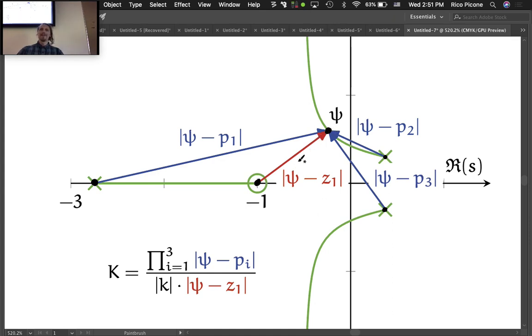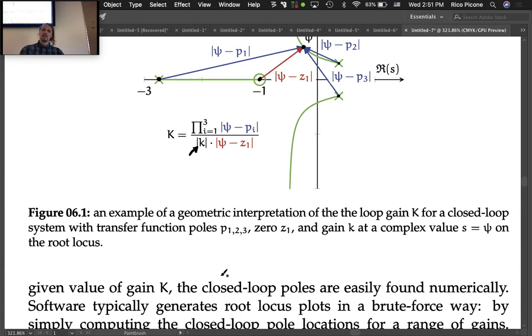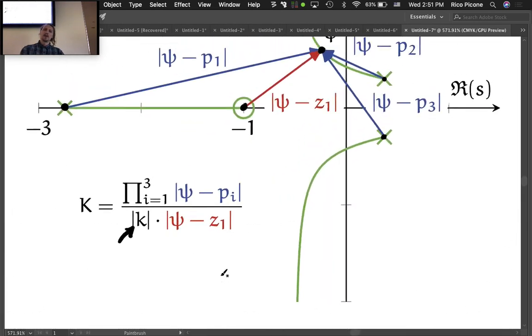That's a jumbled up mouthful. We've also got that factor of k, which I didn't give in the transfer function, but it would also be scaling this.